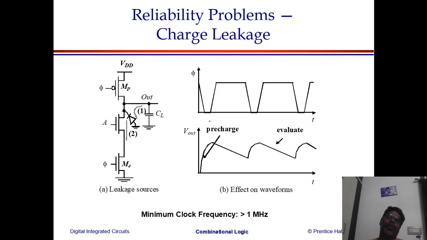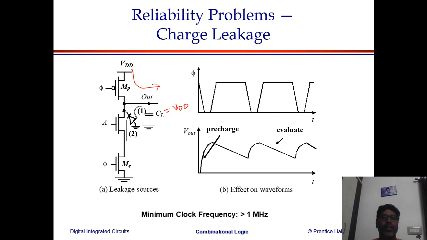Now let's see what the problems associated with dynamic logic are. Dynamic logic is good enough, but it also has some problems. What is that? During the pre-charge period, it makes sure that the output node gets connected to CL and is charged to VDD. Now you need to remember this capacitor which is being charged: when it finds a path for leaking, it starts discharging.